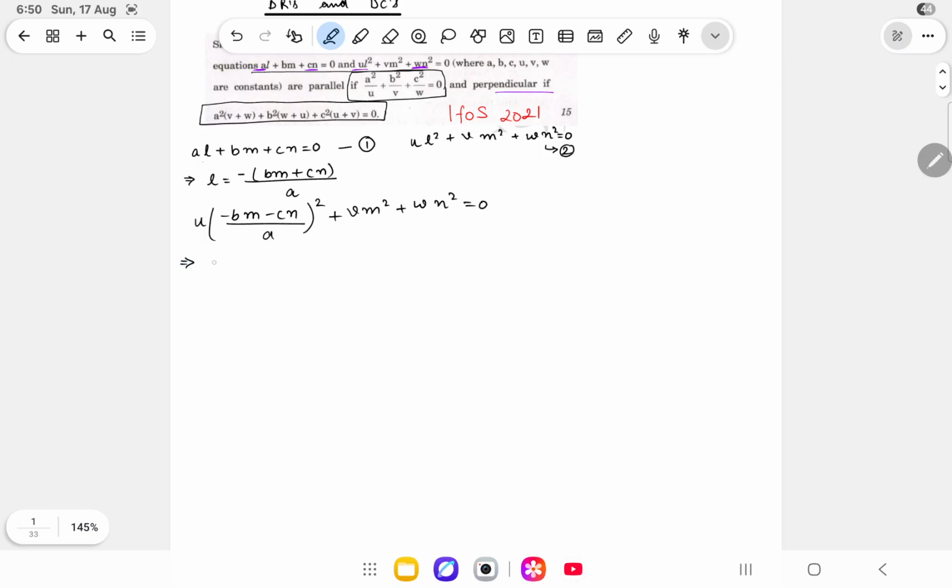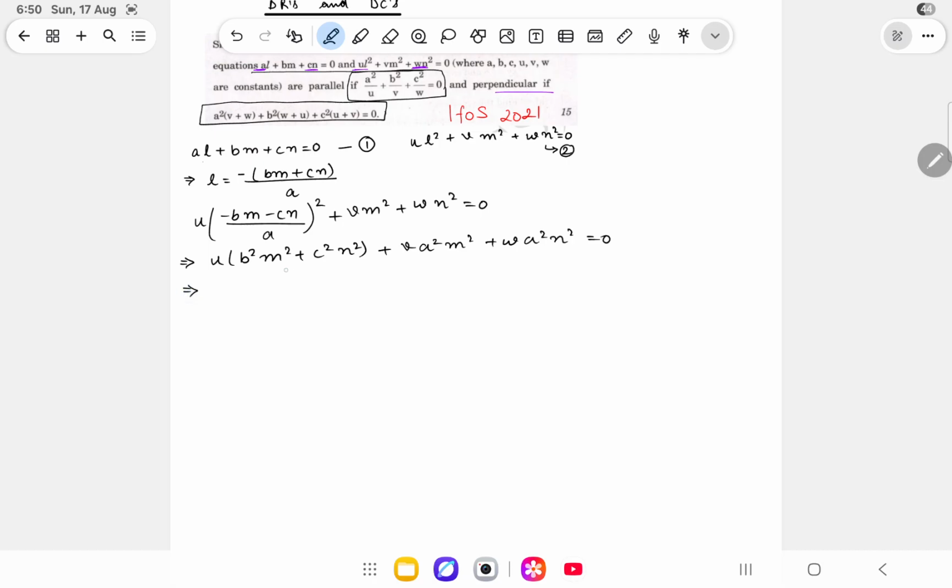Now we can simplify this equation and see what we get. B square M square plus C square N square plus V A square M square plus W A square N square equals 0.